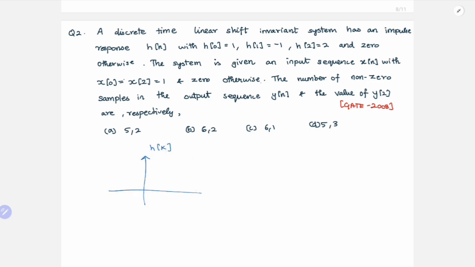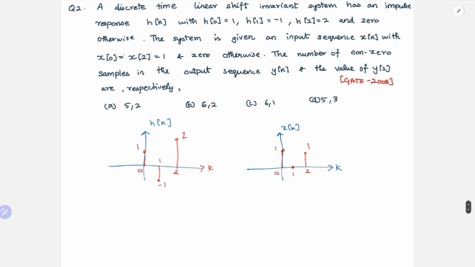So your h of k is nothing but 1, minus 1 and 2. So 0, 1, 2. This is k. And your x of k is going to be 1 here and 1 for 2. So 0 and 2.